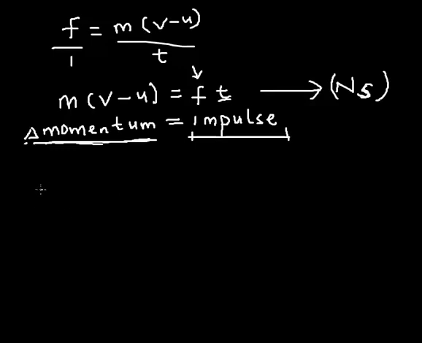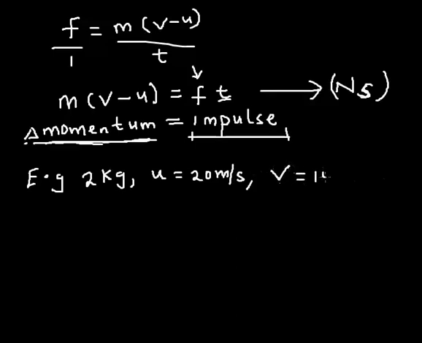For example, if I have a mass of 2 kg that is moving with an initial velocity of 20 meters per second, then it hits a wall and returns back with a velocity of 10 meters per second.